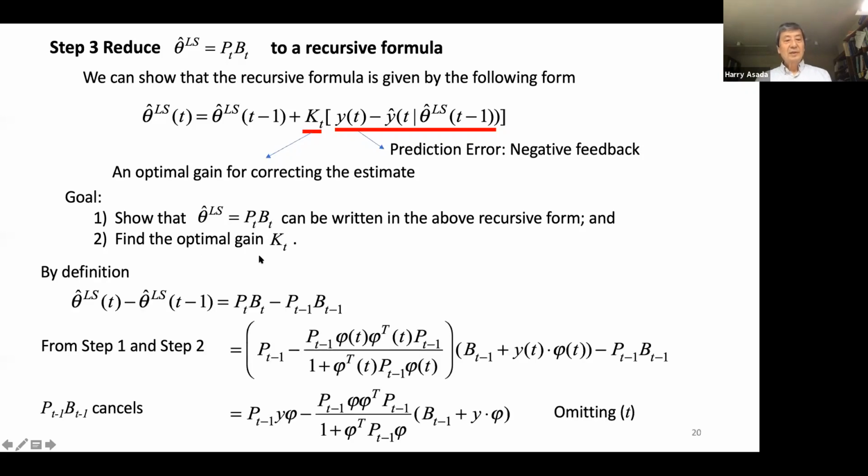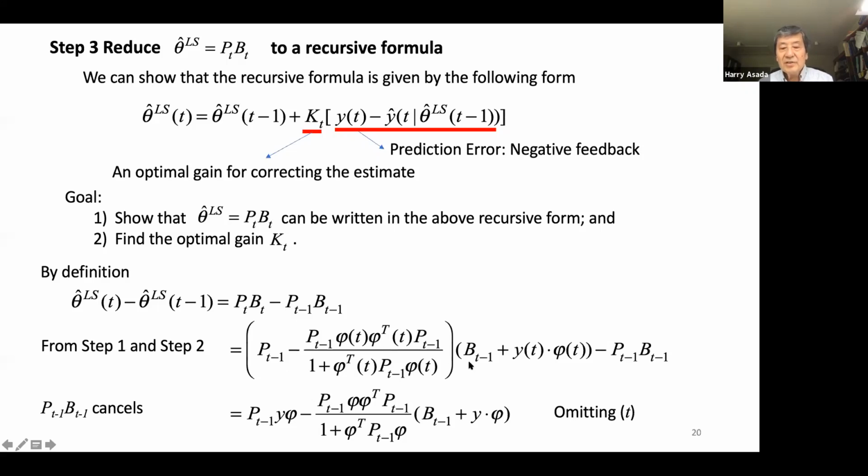So let's do that. We start with these two terms, so let's find the difference between the two. By definition, theta LST must be P_t B_t. And one time step back is P_{t-1} B_{t-1}, right? So for P_t, let's replace this by using that matrix inversion lemma expanded to this expression. Remember this, right? We obtained it.